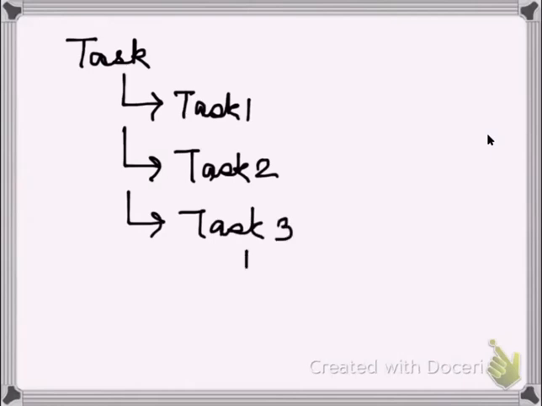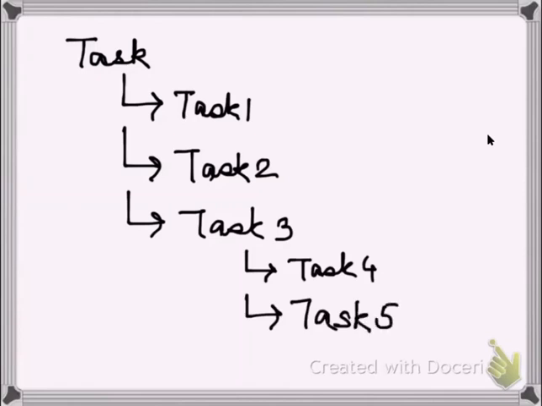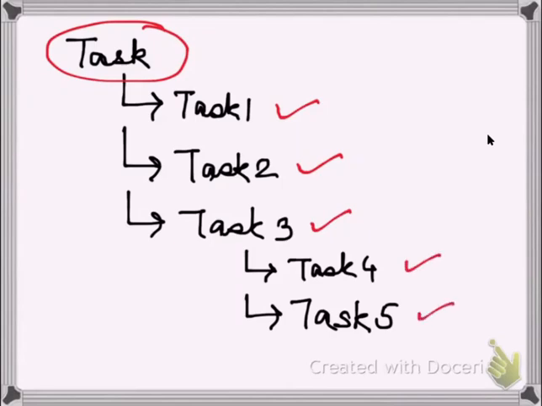Again, task 3 say is quite big, so we break it down into task 4 and task 5. So altogether, I have to perform task 1, task 2, task 3, and in order to perform task 3, I have to perform 4 and 5.